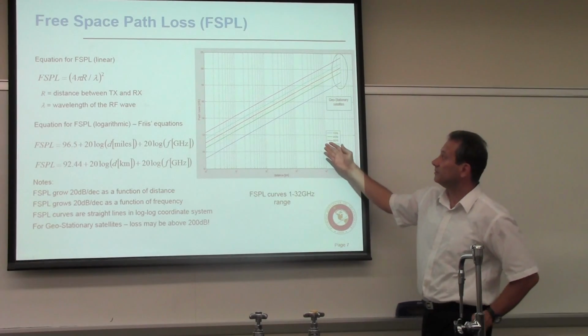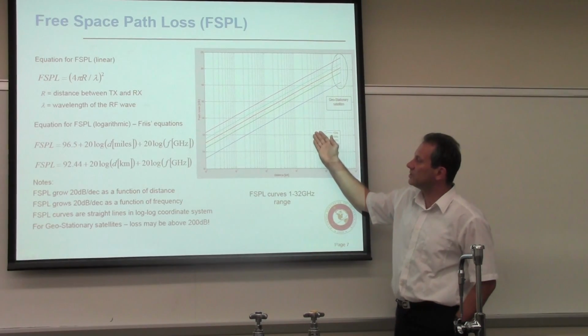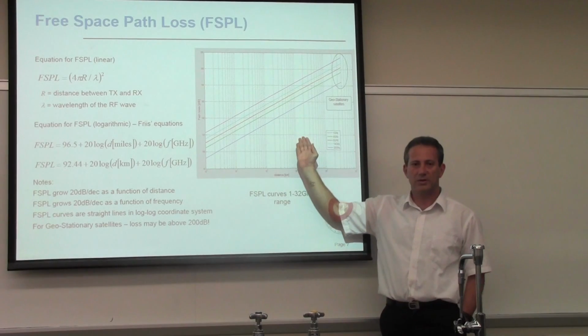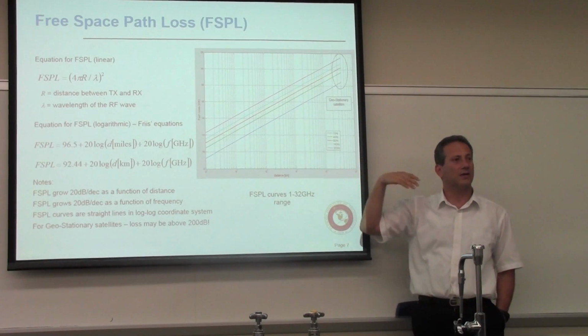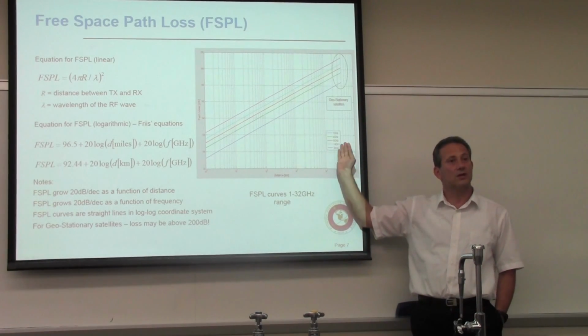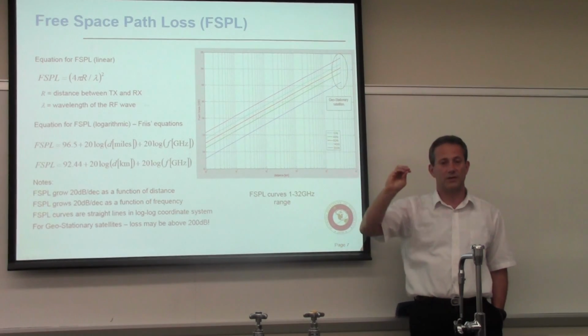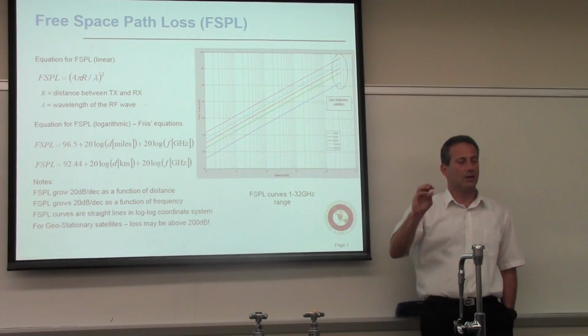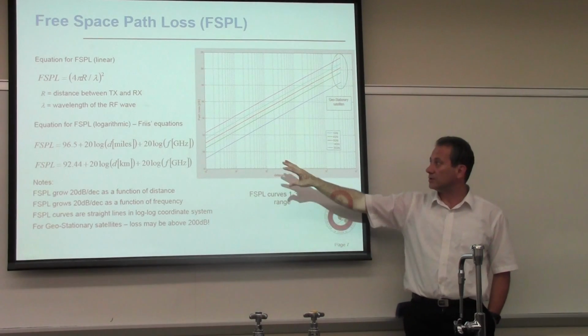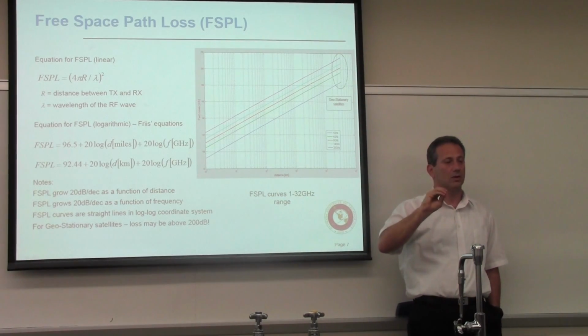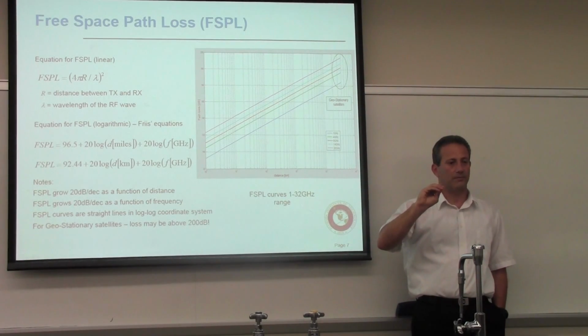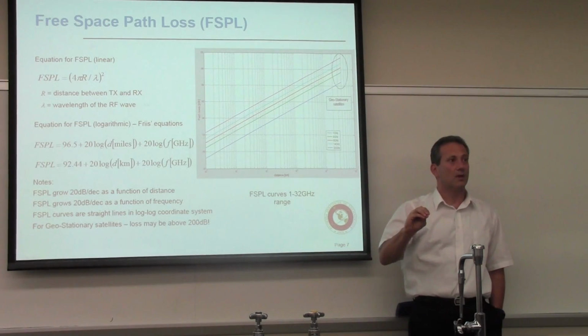From this curve here, it would seem that it is more difficult to communicate at higher frequencies. That's not entirely true. If you think about all the things that are coming into play here, we see from this equation that your path loss increases as 20 dBs per decade as a function of frequency.